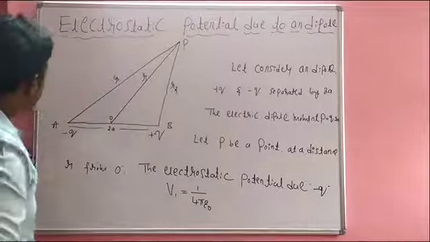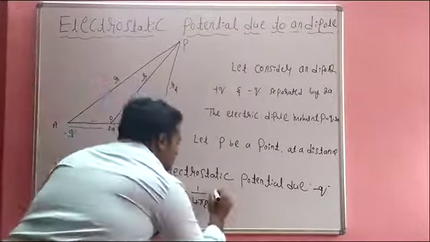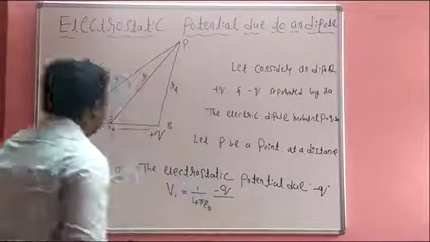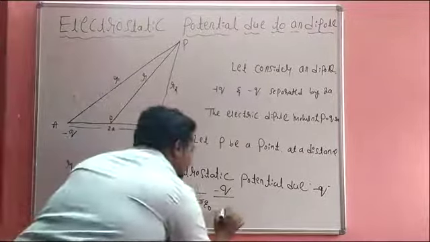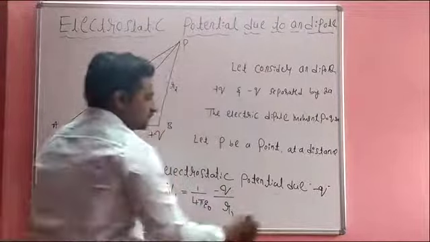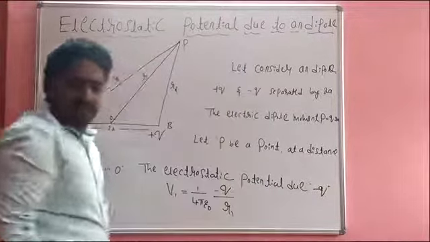Electrostatic potential is a scalar, so you take minus Q divided by the distance R1.